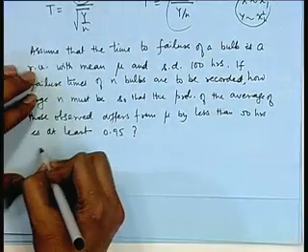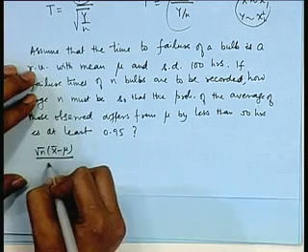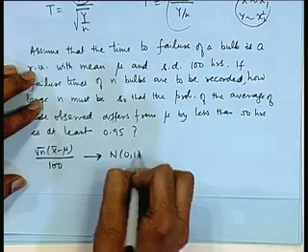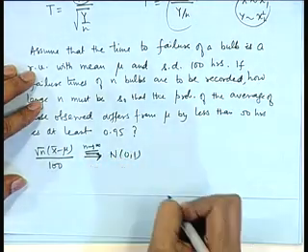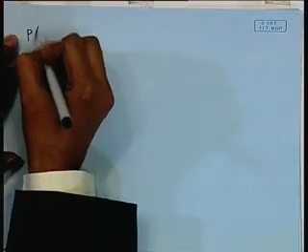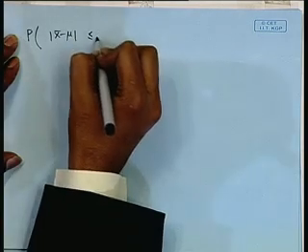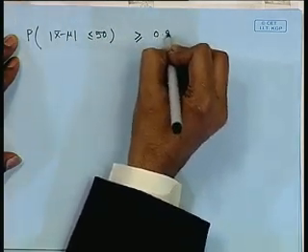So, we will have root n (x bar minus mu) by sigma, that is 100, approximately normal 0, 1 as n becomes large. So, by this statement we have the condition that probability of modulus x bar minus mu less than or equal to 50 should be greater than or equal to 0.95.